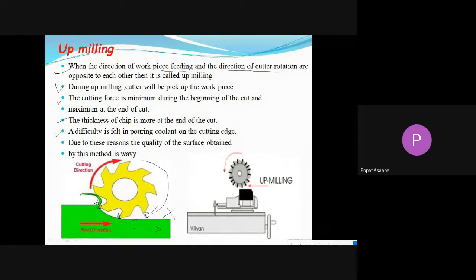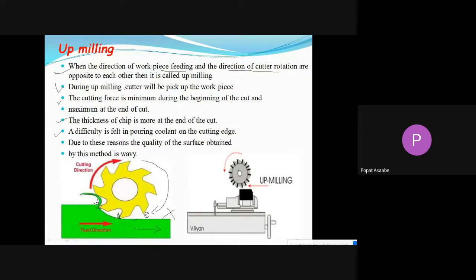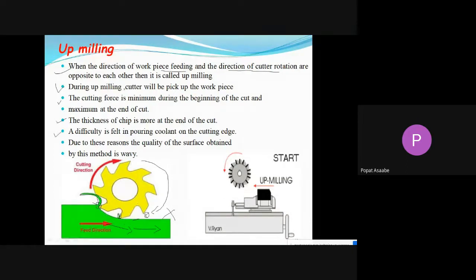Once again I will summarize all the points related to up milling. When the direction of workpiece feeding and the direction of cutter rotation are opposite to each other, that time we call it up milling. During up milling, the milling cutter will try to pull up the workpiece in the upward direction.